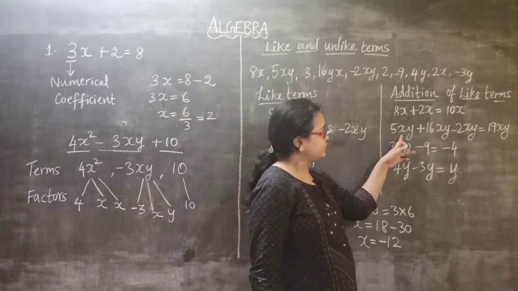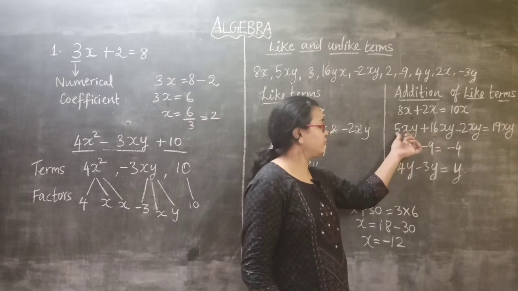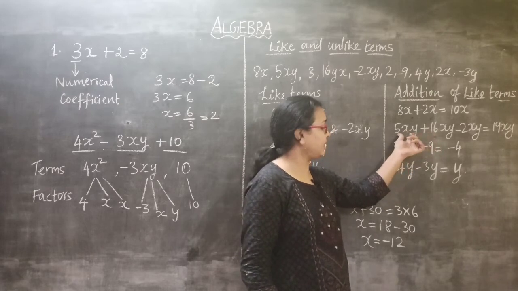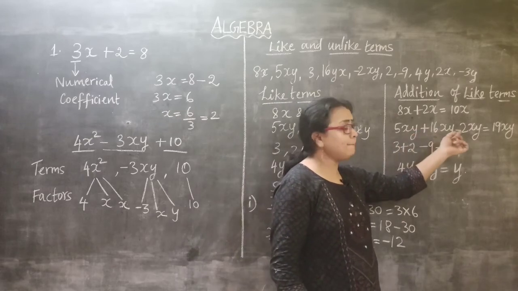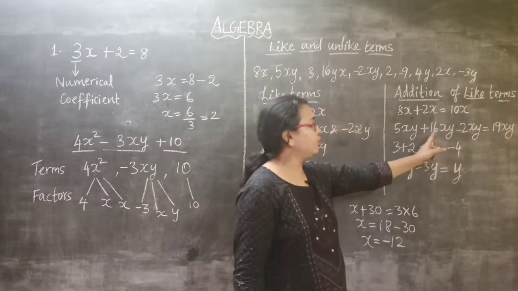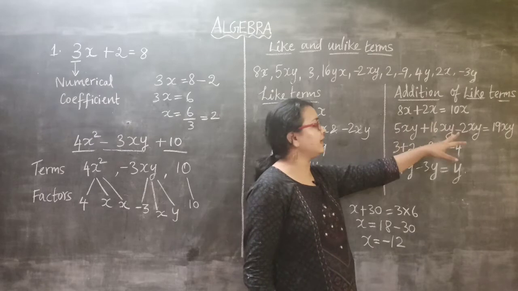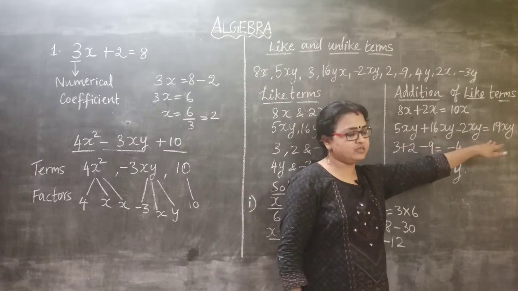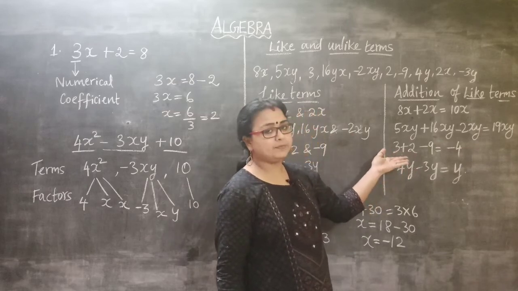So 5xy plus 16xy, if I add 5 and 16, then it is 21xy. So 21xy minus 2xy will be 19xy because the greater number 21 has a positive sign. So the answer will be with a positive sign. So it is 19xy.